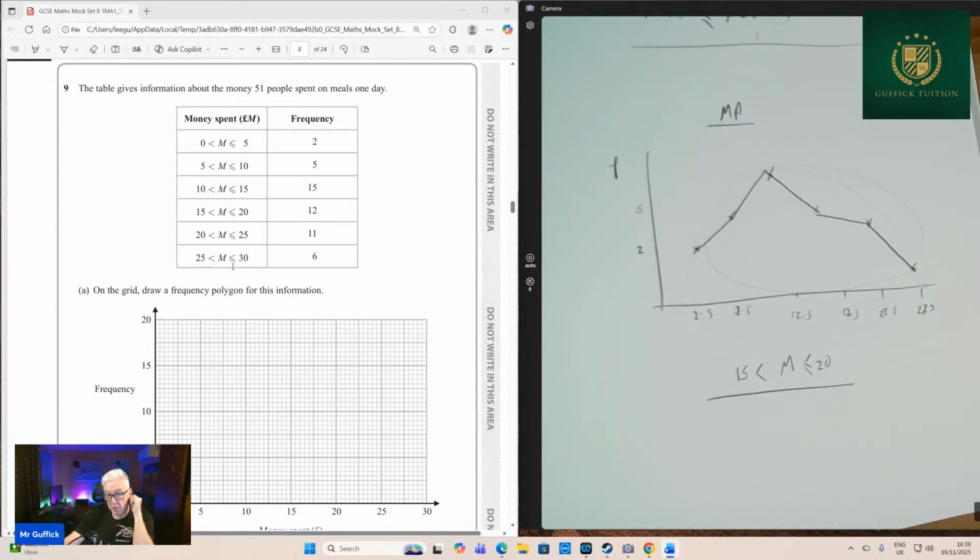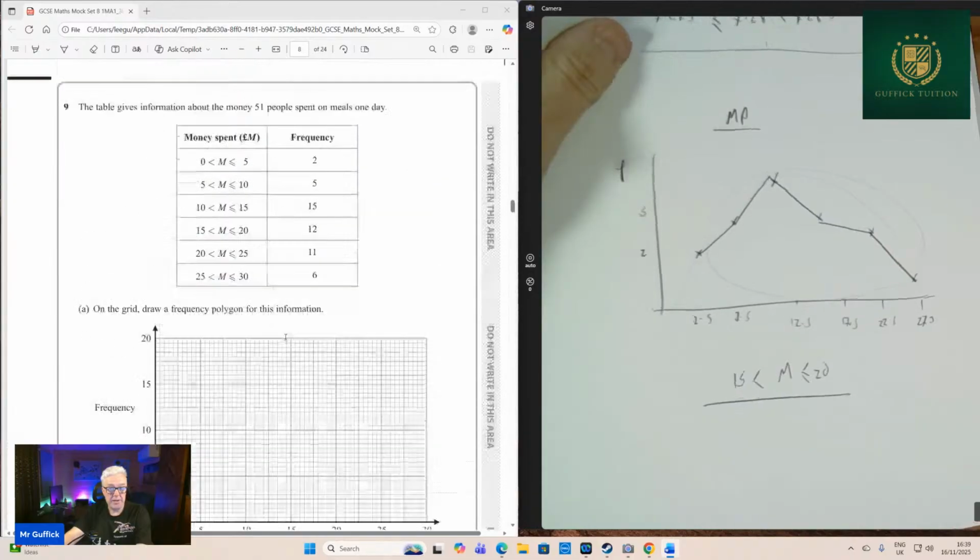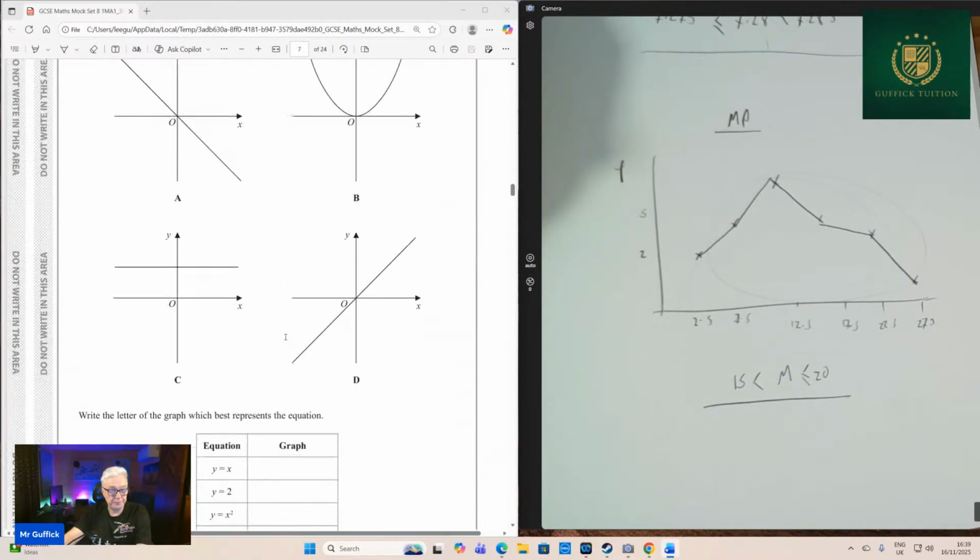For all we know, all 6 of them might spend £25.10, or all 6 of them might spend £26. So we've got no way of knowing how the information is split up in the class. So what we're going to say is that Terry is incorrect because we don't know how the data is split up in the class, if that makes sense. So that's our answer to question 9.